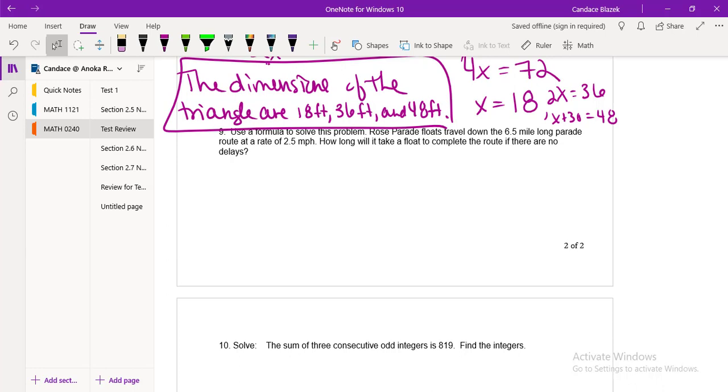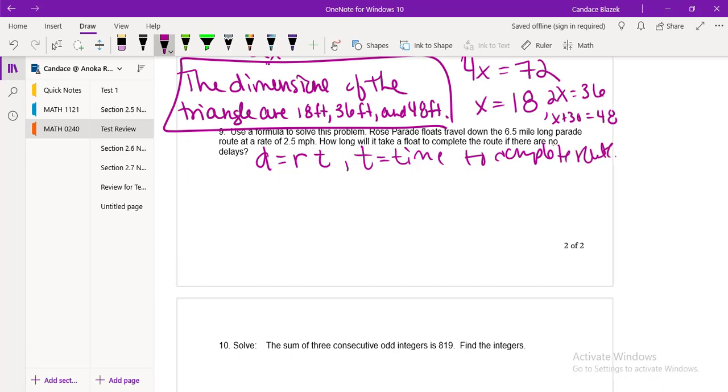No delays. So what we know about this example is that this involves distance, rate, and time. And we are to find t, the time for the floats to complete the route.